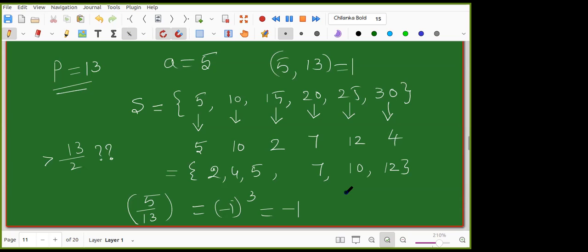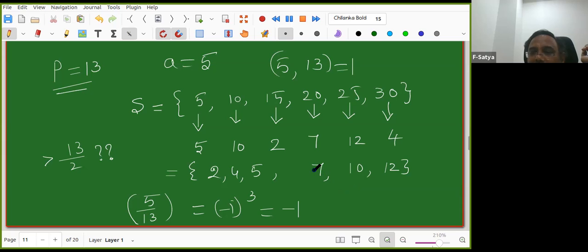No, that's okay. See, 13 minus 7 is 6, 13 minus 10 is 3, 13 minus 12 is 1. Now I'll add these also: 1, 2, 3, 4, 5, 6.